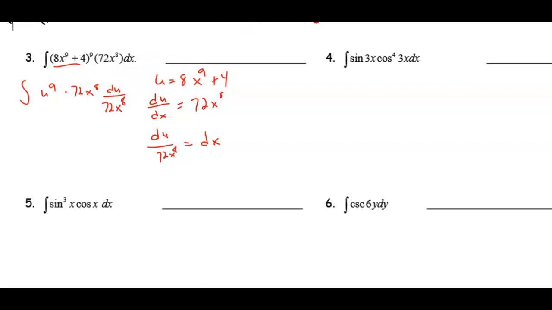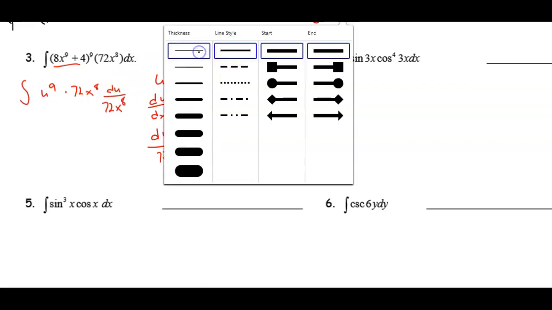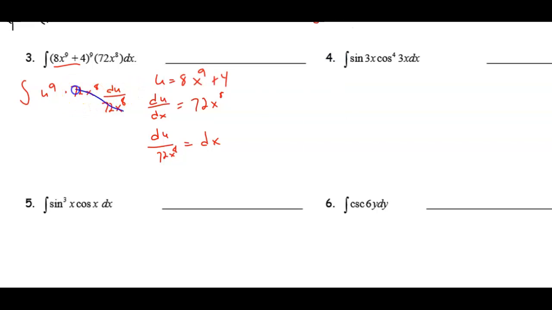All right, and then from there we can just cancel this out, 72x to the eighth, and I'm left with the integral of u to the ninth du. And so when I integrate that, you get u to the 10th over 10 plus c, and then I'm just going to plug u back in. So that would be 8x to the ninth plus 4 raised to the power of 10.